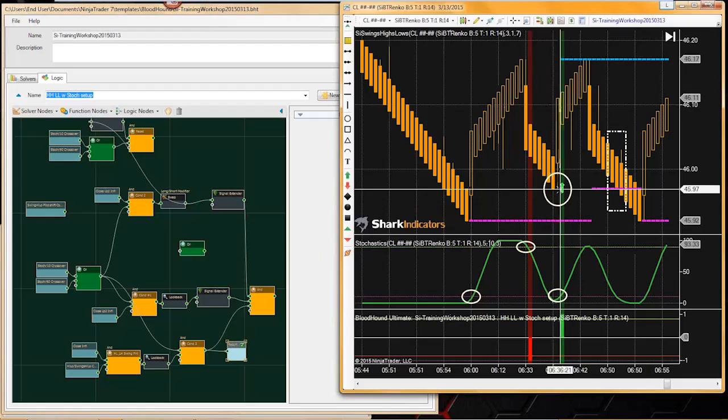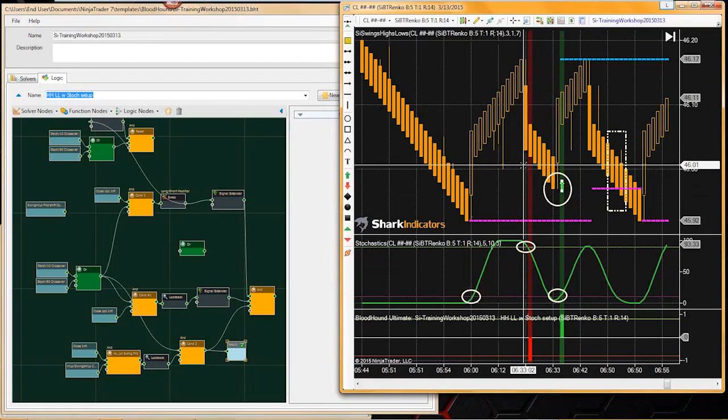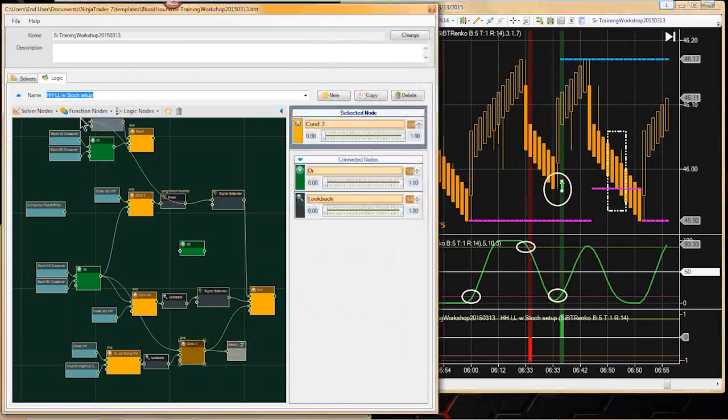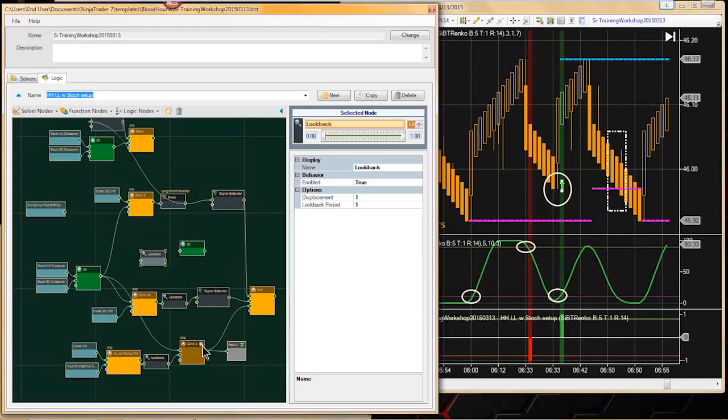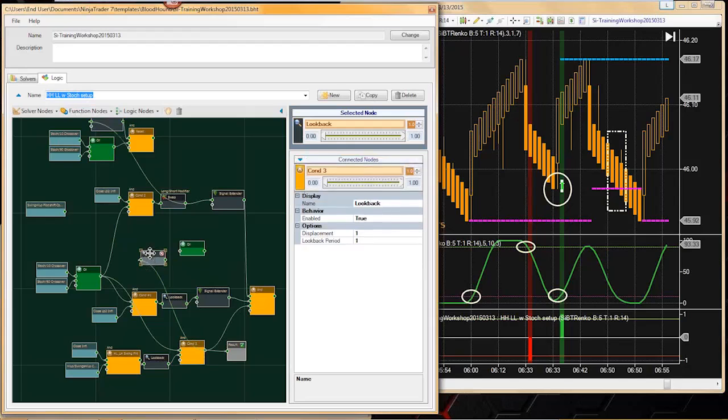The trade signal happens on a successful condition 3, so we don't want to turn off the condition 1 and condition 2 signal extenders too soon. So I'm going to need another delay here. I'll take condition 3, plug it into this look back, which is going to delay the signal by 1.